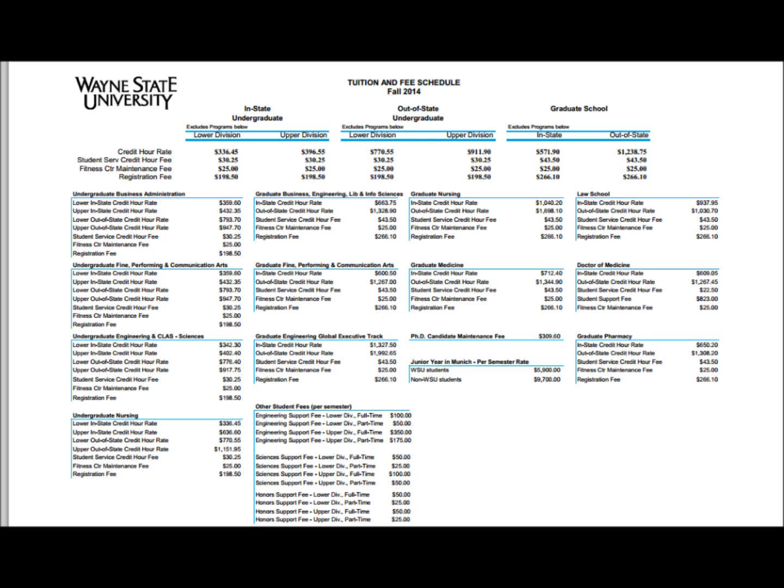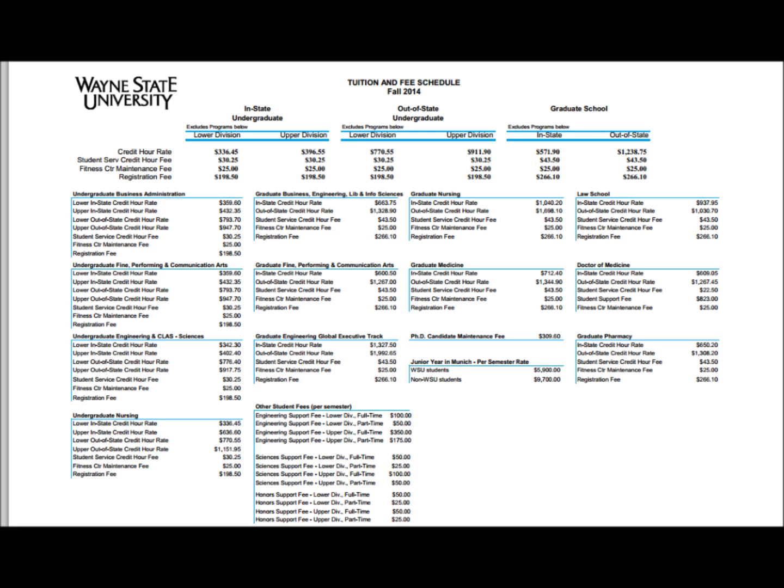So if you're in the lower division, you enrolled at Wayne State in 2014, you took 12 credits worth of classes, and you enrolled for 2 semesters, then you probably had a bill of about $8,074. Keep in mind that these numbers don't take into consideration the extra cost of staying in a dorm on campus.